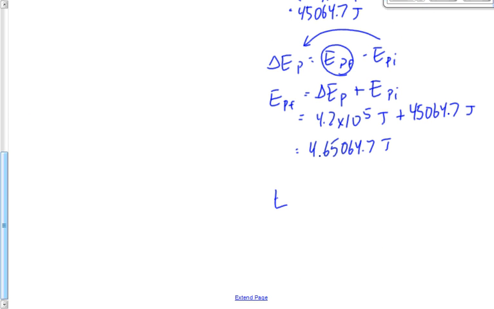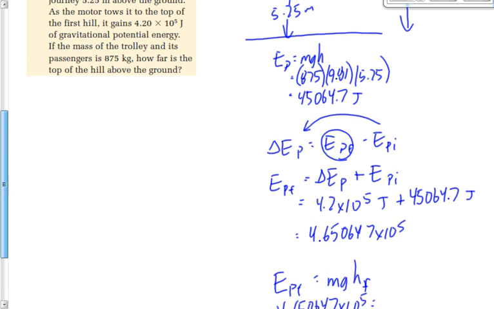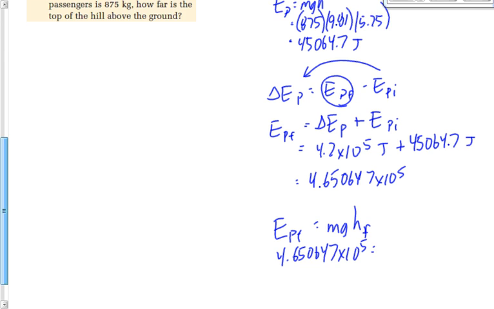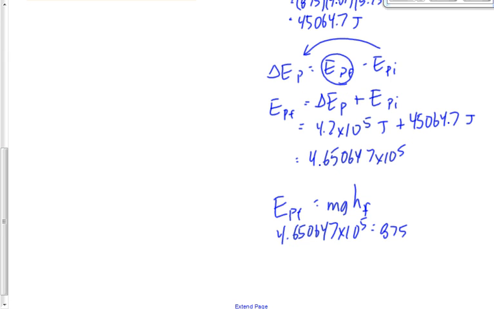Now we've got the final potential energy, and now we can say final potential energy is equal to mgh final. We've got this. 4.650647 times 10 to the 5 equals the mass, which was 875, times 9.81 times the final height.